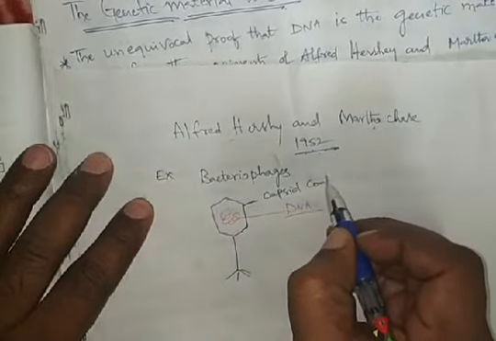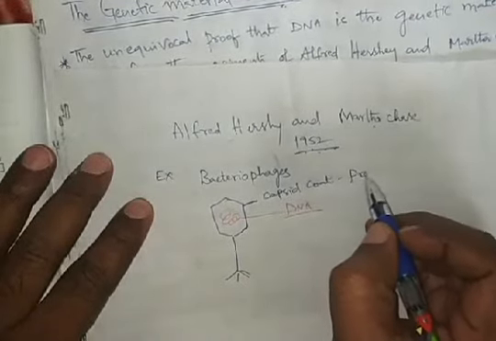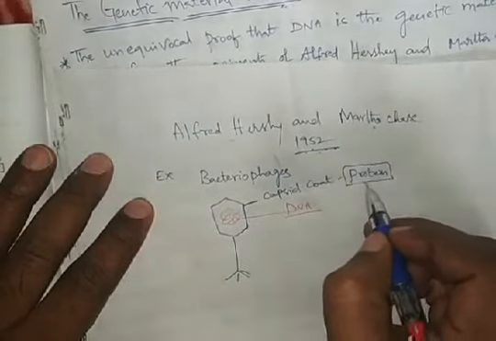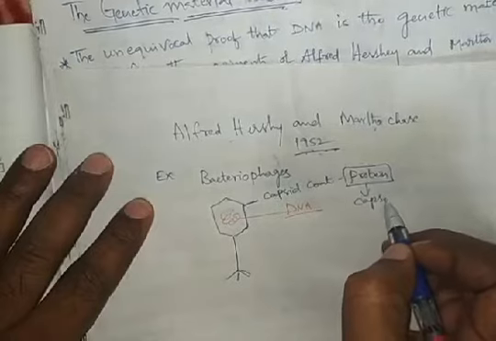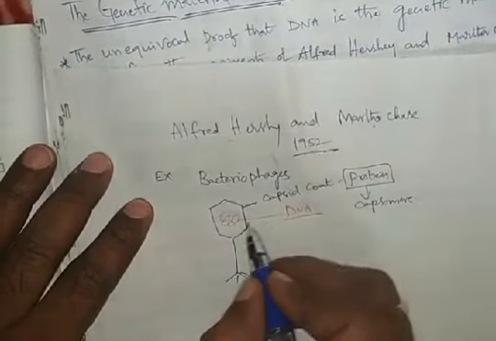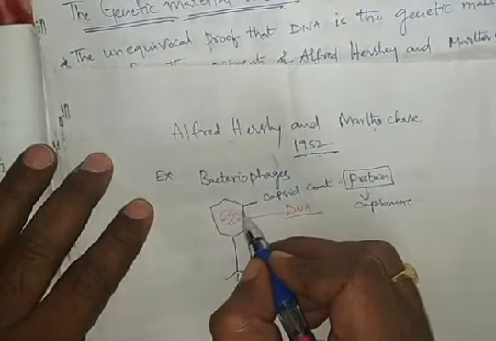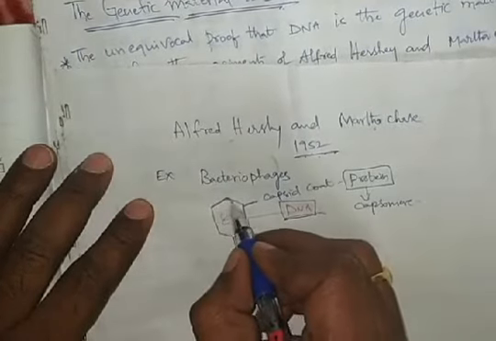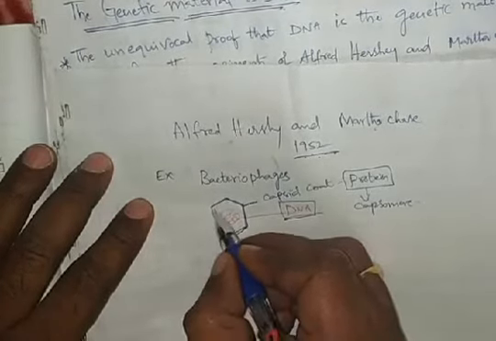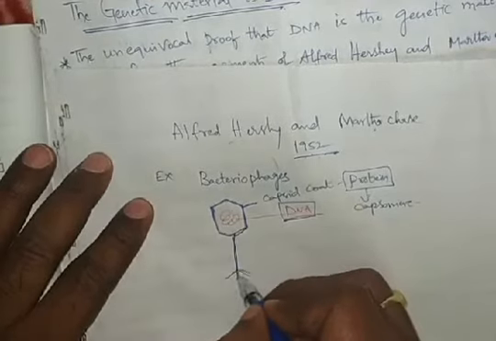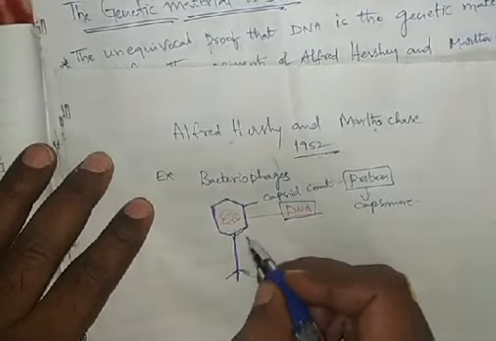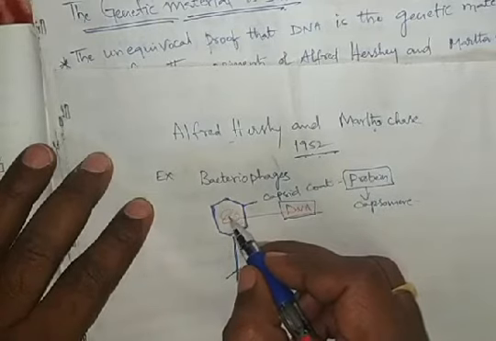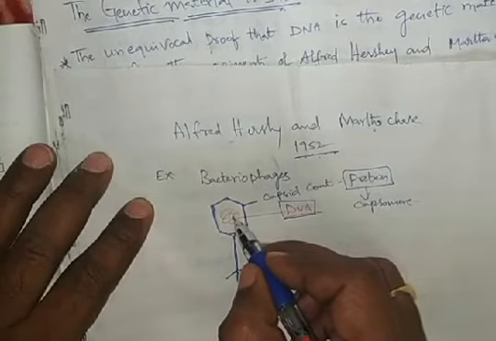The capsid is a protein-containing material; it is a protein coat, made of capsomeres. That means inside the capsid, DNA is present. This entire structure is made of protein, and only the genetic material inside is DNA.